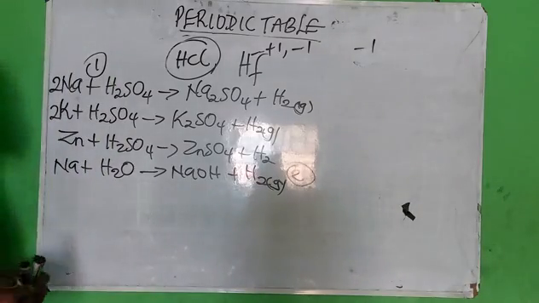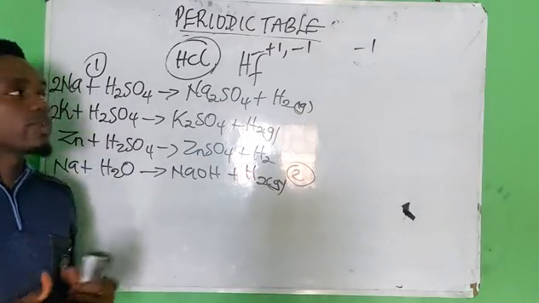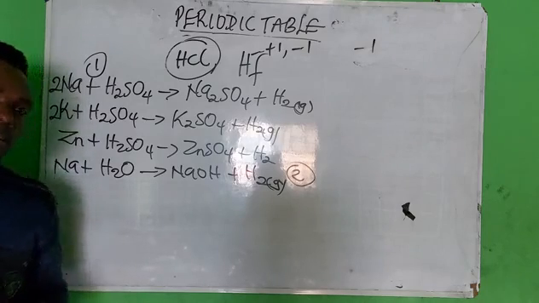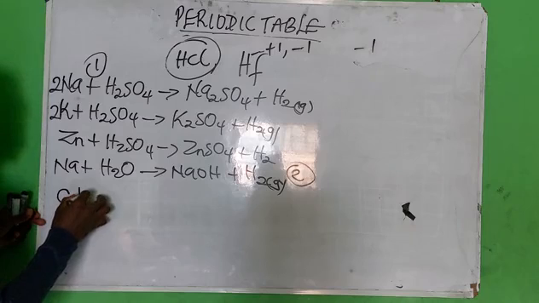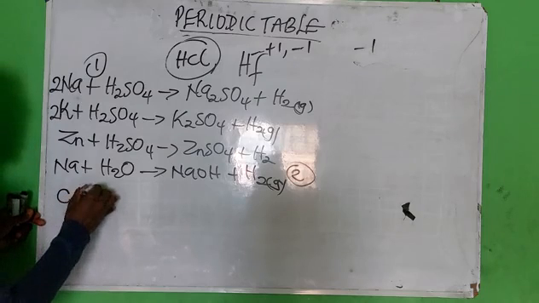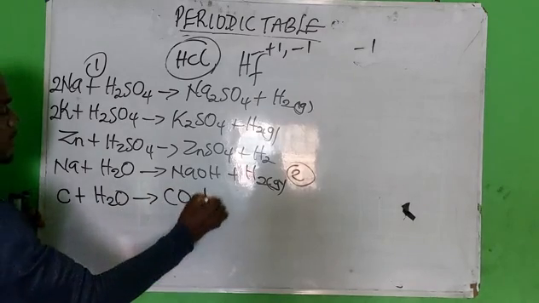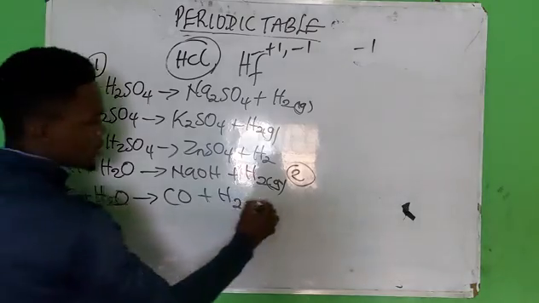Hydrogen gas can also be prepared from water gas. If carbon reacts with steam, I'll have carbon(II) oxide and hydrogen gas.